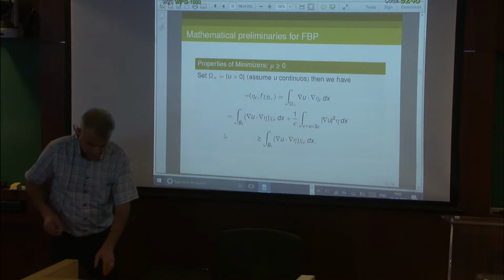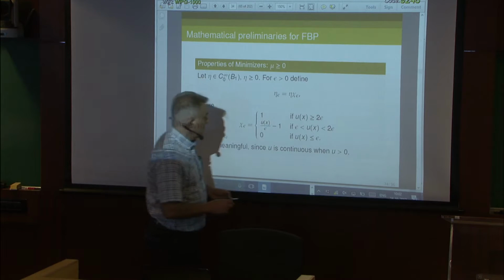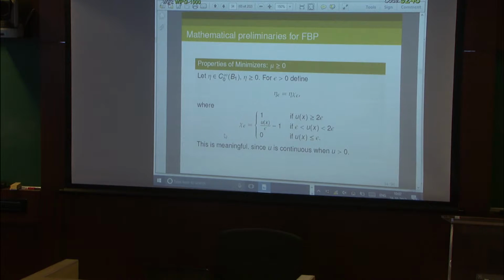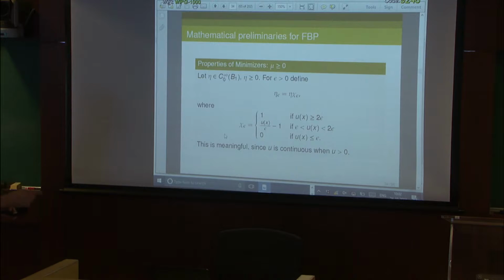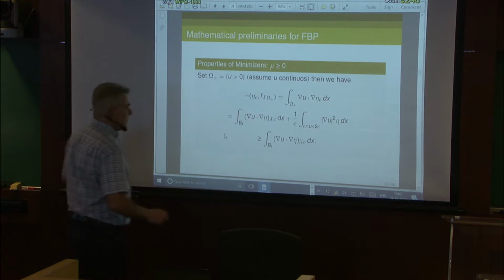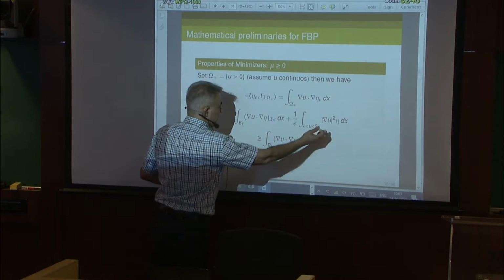And let me write it down here because you want to relate to that. So here it is. What you have is eta epsilon is eta times the characteristic function psi epsilon, and this function is like 1, u over epsilon minus 1, and 0. Now, when you apply gradient to eta epsilon, that's the product rule, and this is what you get.